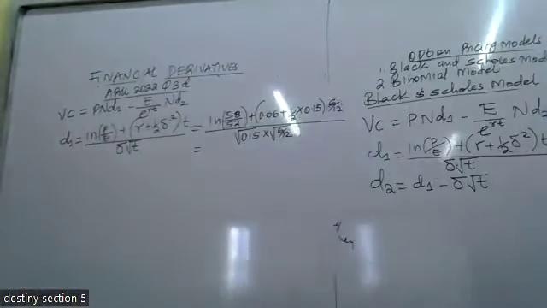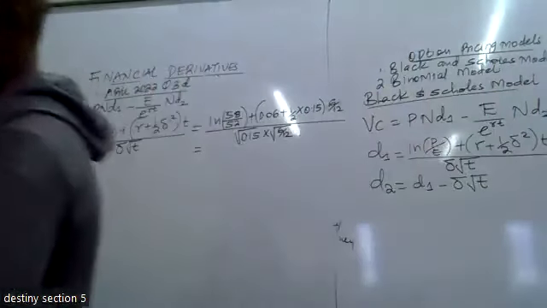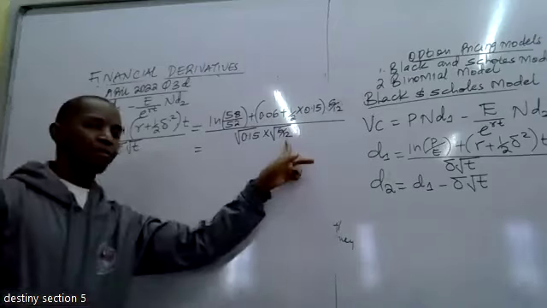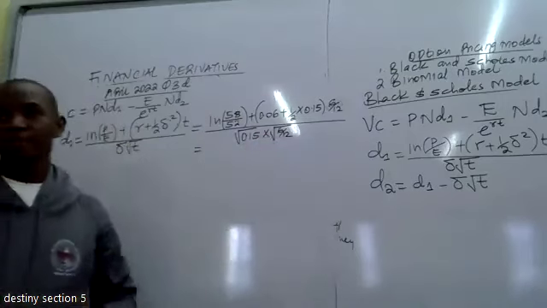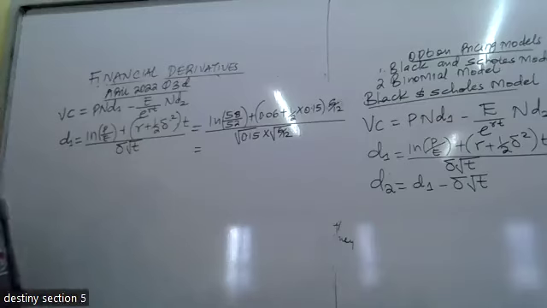2 decimal places. How much is it giving you? From this 6 over 12, you can just use 0.5.